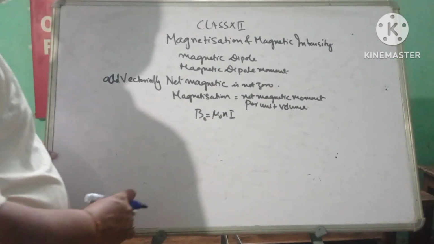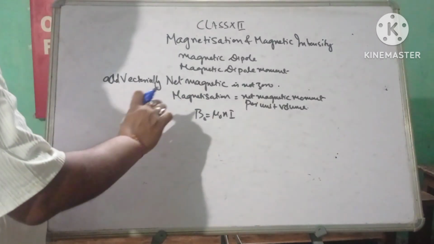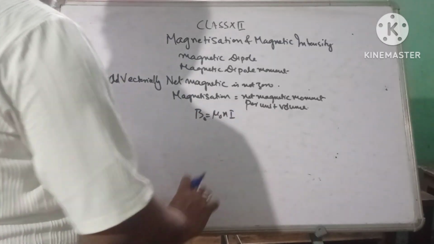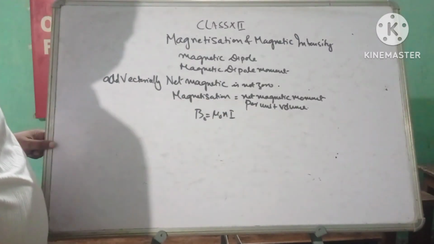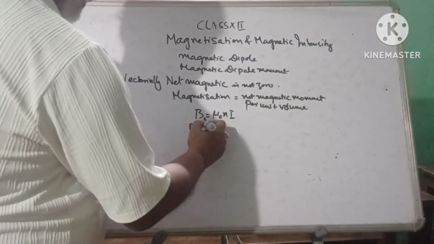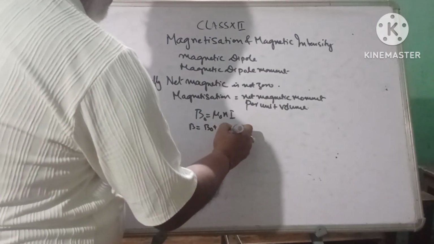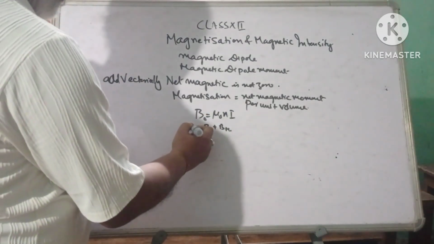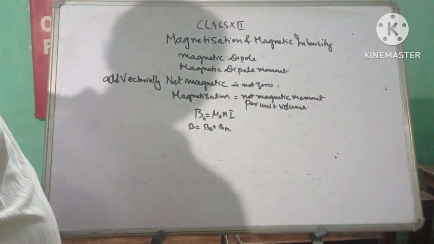And if we place a material, like soft iron, inside the solenoid, the total magnetic field will be B naught plus the field due to the magnetic material.